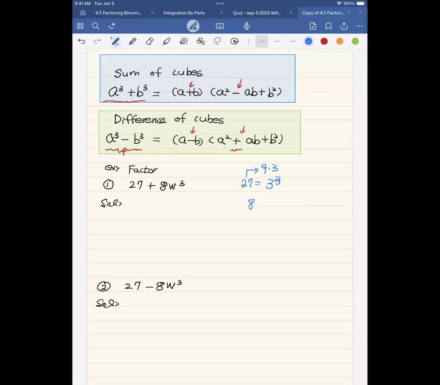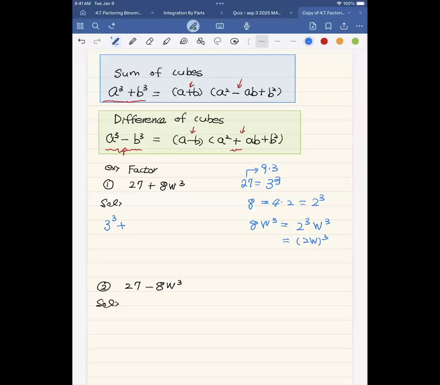And 8 is 4 times 2, which is 2 cubed. So 27 can be rewritten as 3 cubed, and 8w cubed is 2 cubed times w cubed, which can be rewritten as 2w cubed.